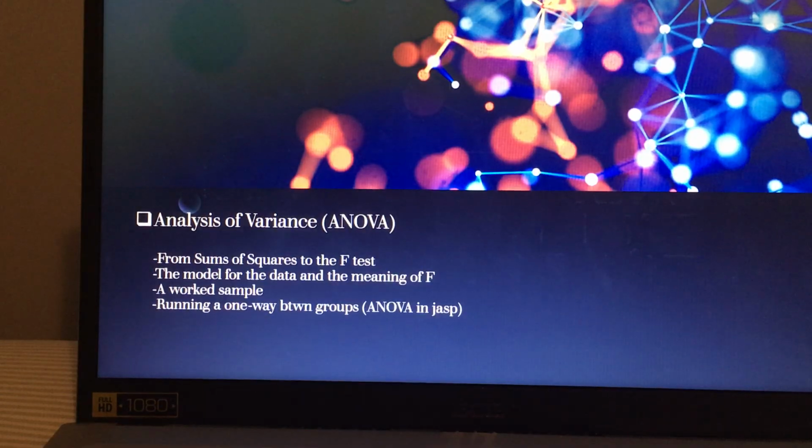So in order to complete our hypothesis test, we need to know the sampling distribution for F if the null hypothesis is true. Not surprisingly, the sampling distribution for the F statistic under the null hypothesis is an F distribution. If you recall our discussion of the F distribution earlier in the course, the F distribution has two different degrees of freedom. The first one is degrees of freedom 1, and this is the between groups degrees of freedom.